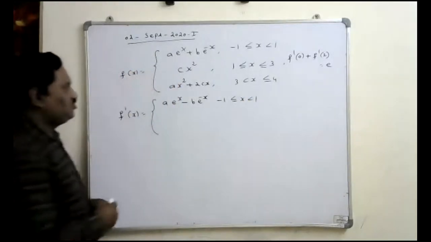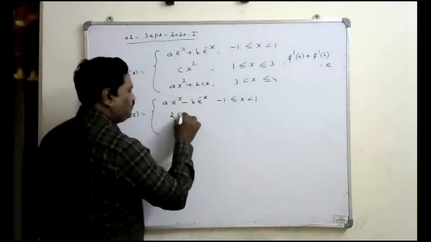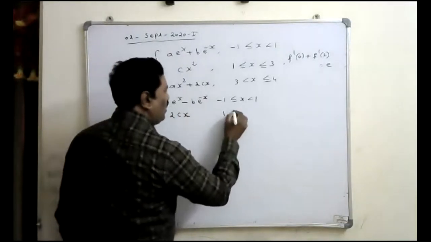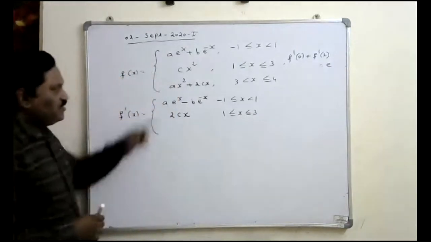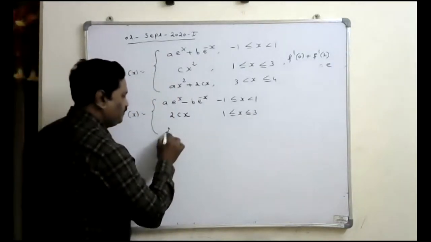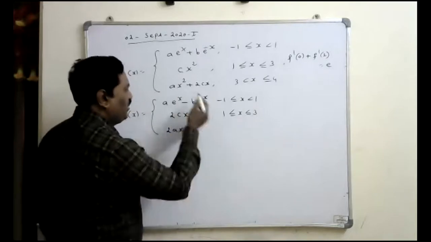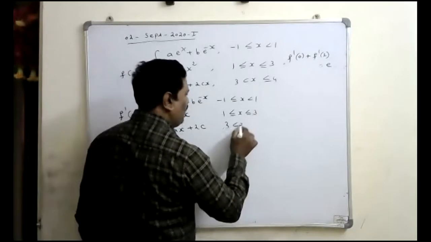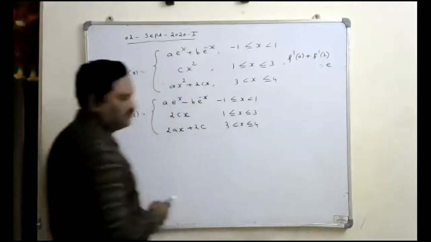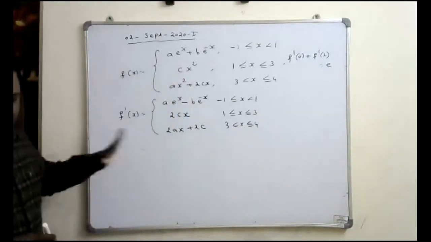Next, its derivative is 2cx when 1 ≤ x ≤ 3. And its derivative is 2ax plus 2c when 3 < x ≤ 4. So this is the derivative of that particular function, right?